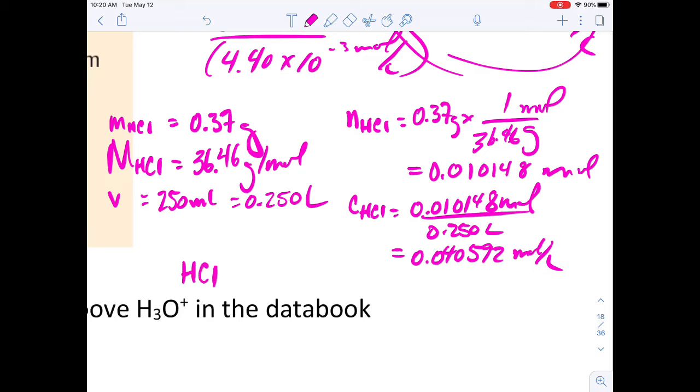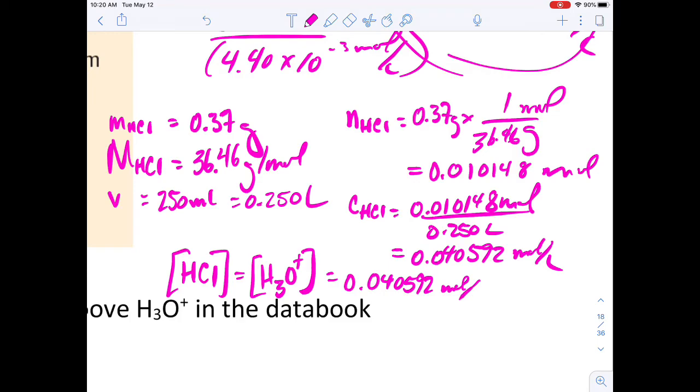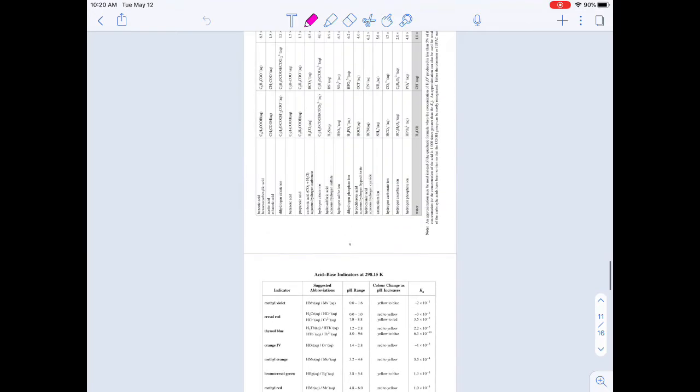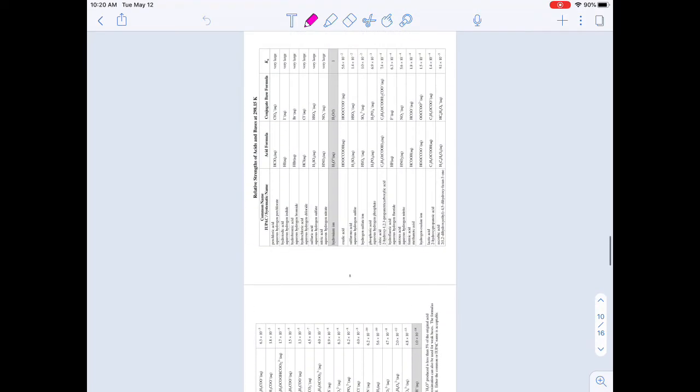Now, hydrochloric acid is a strong acid, so the concentration of hydrochloric acid will be the same as the concentration of hydronium. So the hydronium is 0.040592 mole per liter. The reason that occurs is that it is a strong acid, and the strong acids are listed here in our data booklet, and any of those strong acids quantitatively react.